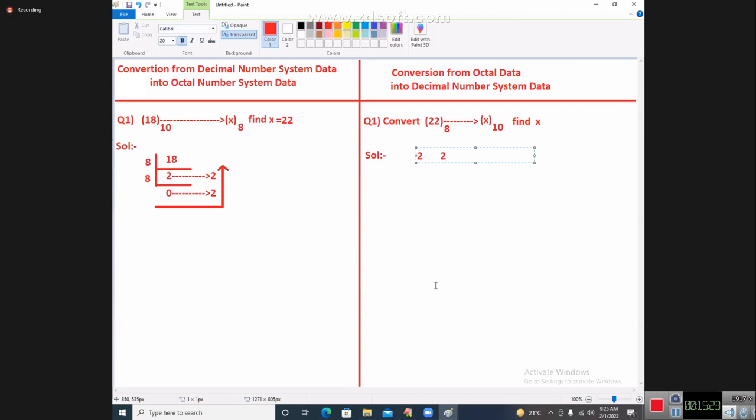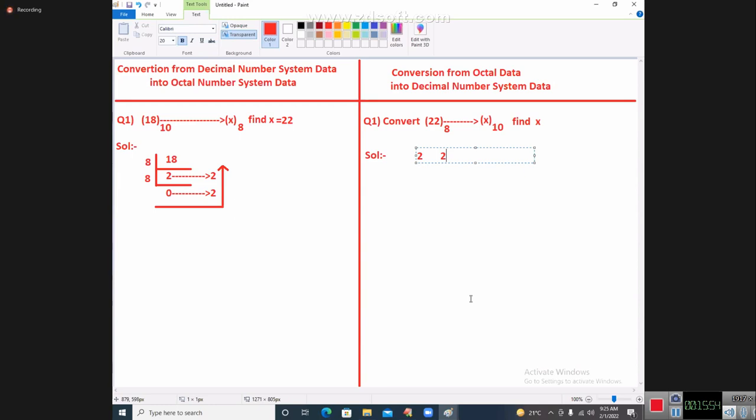Sohail Khan, I told you already, these types of conversions are used in real-time scenarios. Data science has a lot of algorithms, and there we use this type of conversion. Moreover, microprocessor-level application execution is understandable at the bottom level with the octal number system.